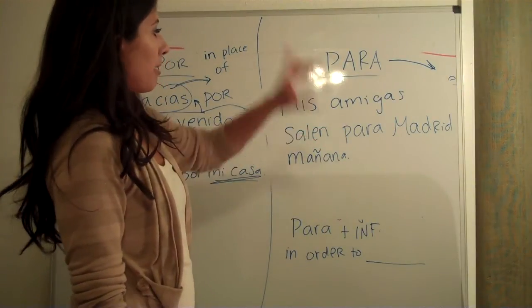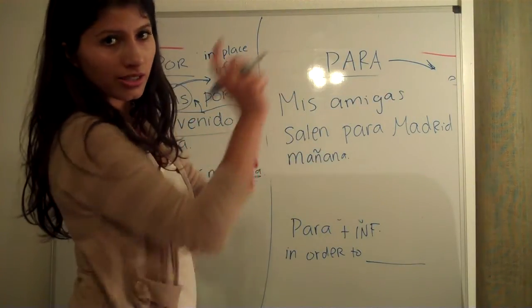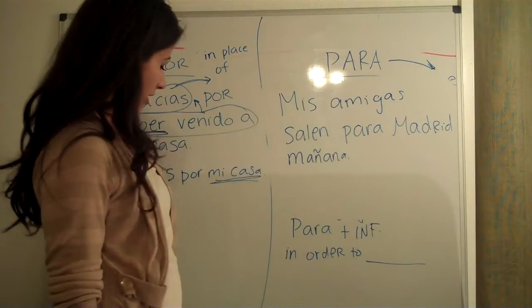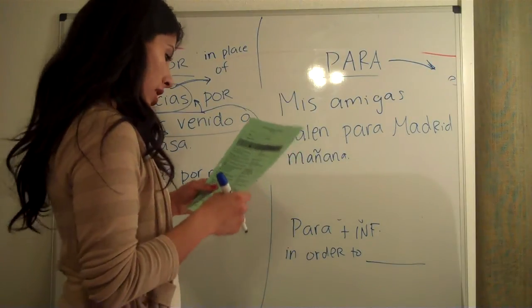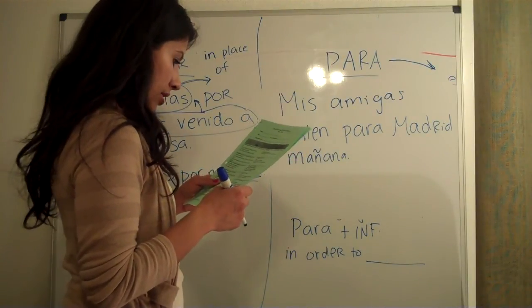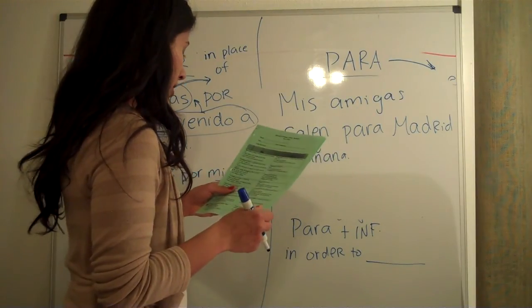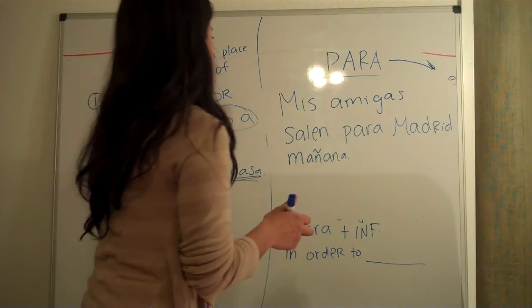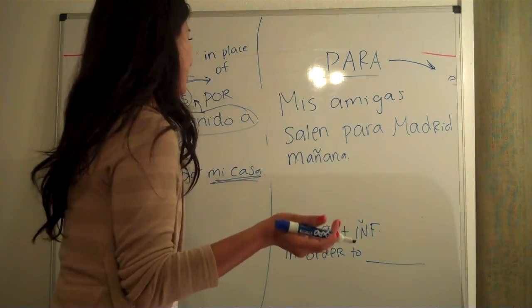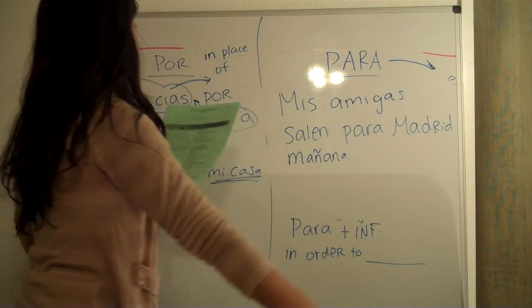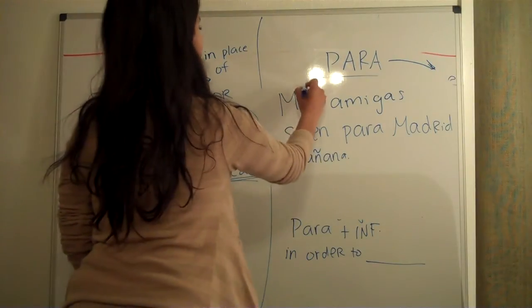Mis amigas salen para Madrid mañana. So you see that again? They're going to Madrid. Or you could also say, if you're going to Madrid, so that's a destination, right? That would be destination.